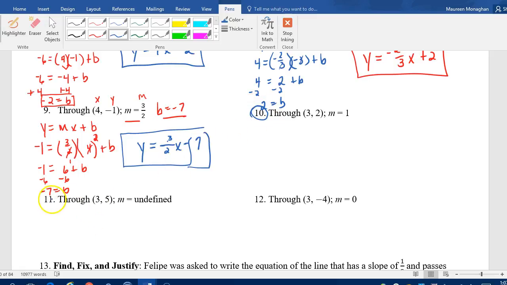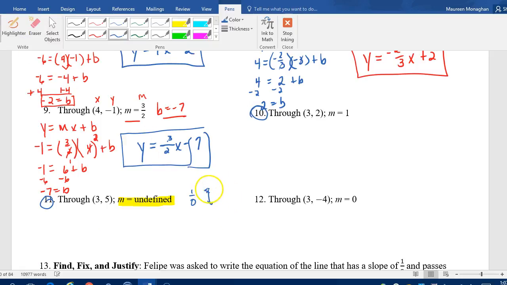All right, I'm going to do 11. We have to recognize if the slope is undefined, that would be something like 1/0. That means it is a horizontal line. Do you remember what that means? It's not horizontal. It means it's vertical. Sorry.